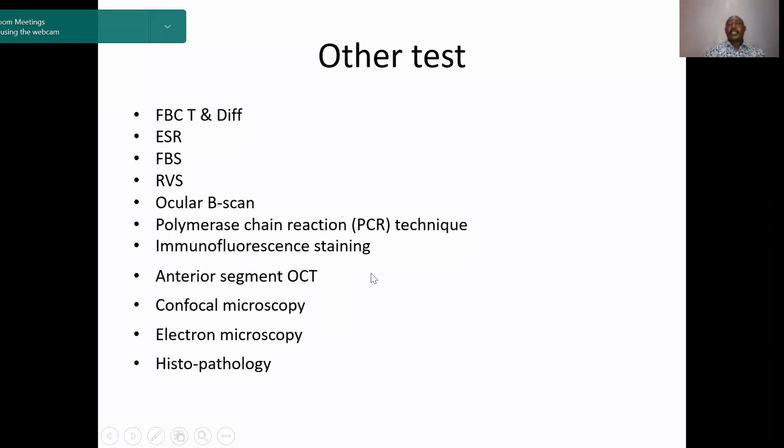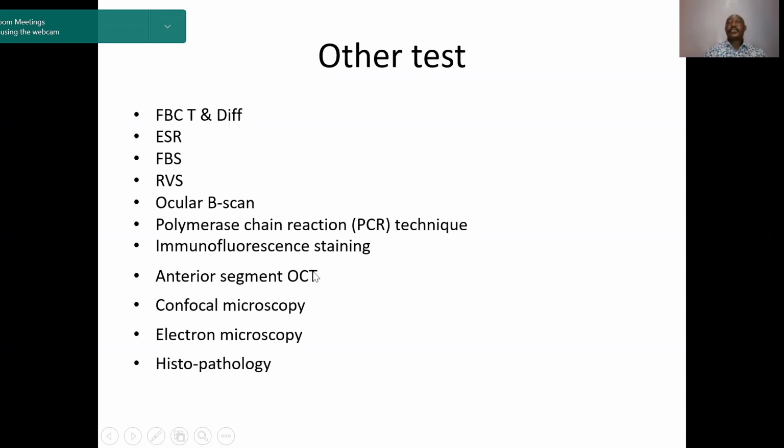Immunofluorescent staining is also an important technique by which organisms are labeled. We also have anterior segment ultrasonography and OCT, that's the optical coherence tomography.